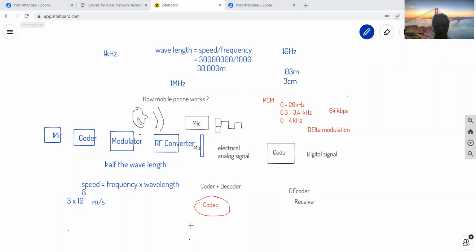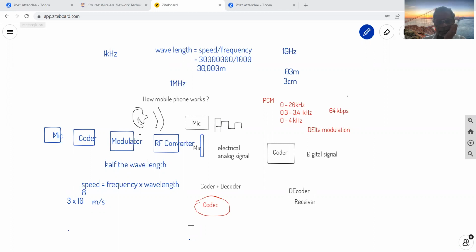Okay, one question. So the answer for 1 kilohertz should be 300,000 meters. Yes, that is correct. 1 megahertz should be 300 meters.